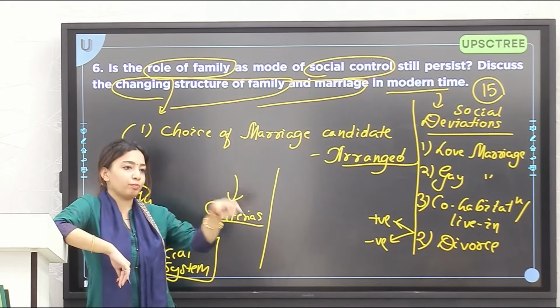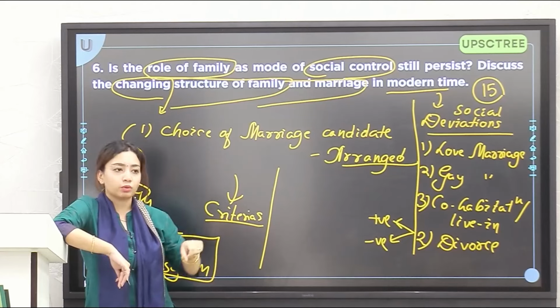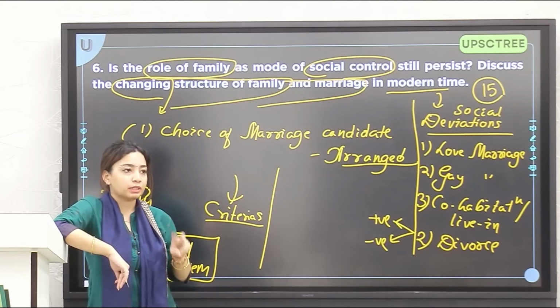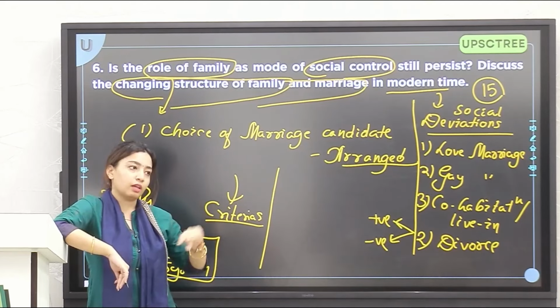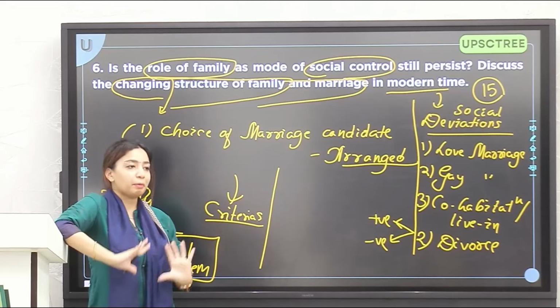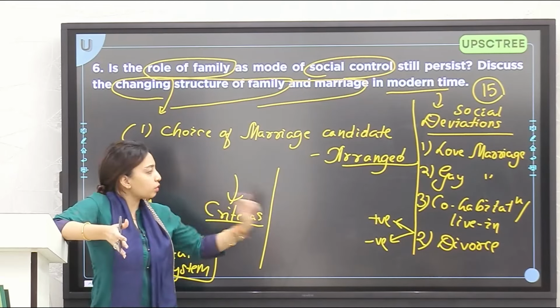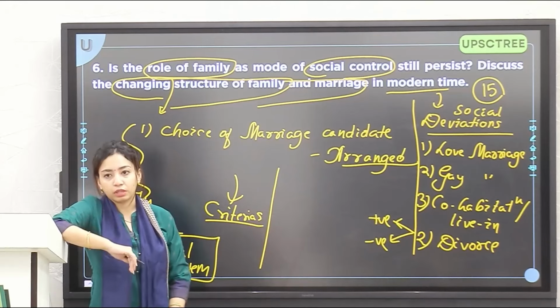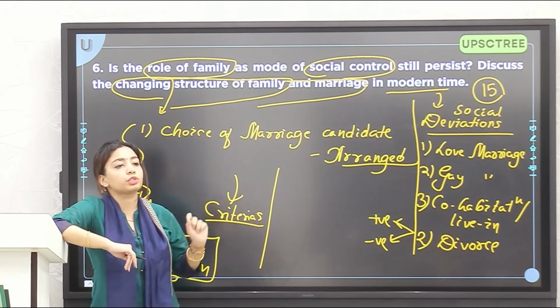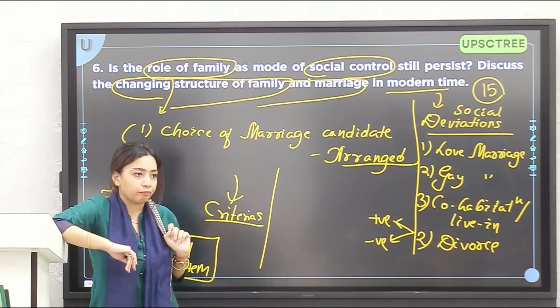So even if both of them contribute equally to the household, that means even if both are working, they'll always want that the son sits at home, let the wife do all the chores, right? So that is another ground of divorce, and this is a significant role which is played by the family.